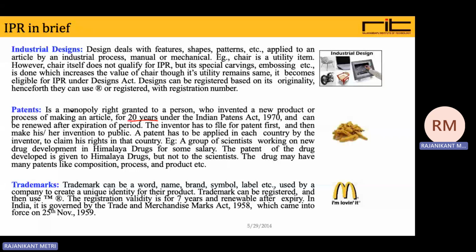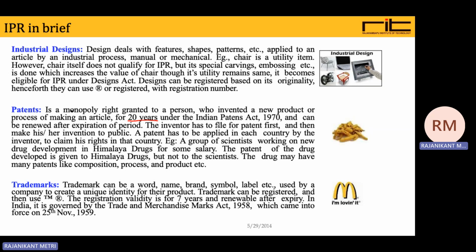and can be renewed after the expiration period. The inventor has to file for a patent first and then make his or her invention public. So one cannot make it public prior to filing the patent. Then next we discussed trademarks. It can be a word, name, brand, symbol used by a company to create a unique identity for that product.